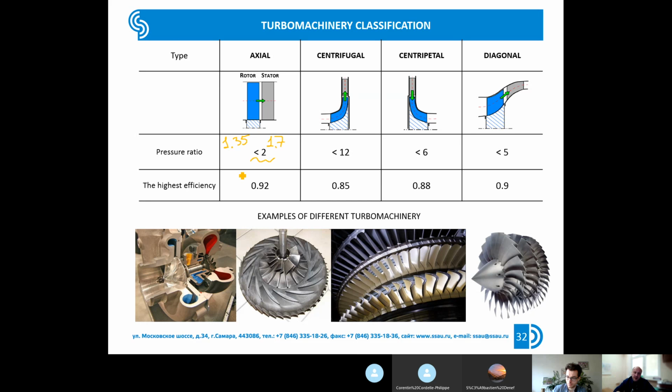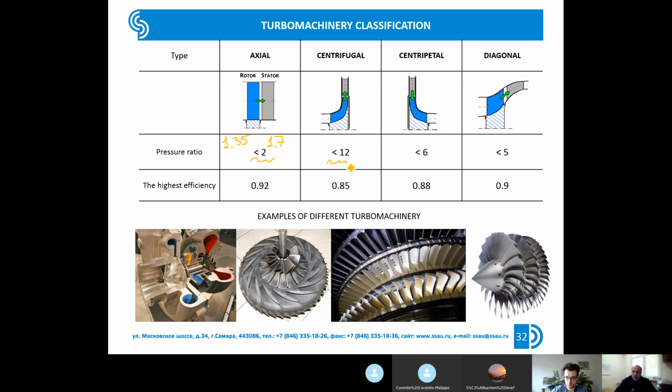But of course, in reality, the level of efficiency of the compressor is a little bit lower. But I think for you, it's better to remember that the middle level of efficiency of an axial stage is approximately 0.9, 90%. So, let's discuss the centrifugal stage.